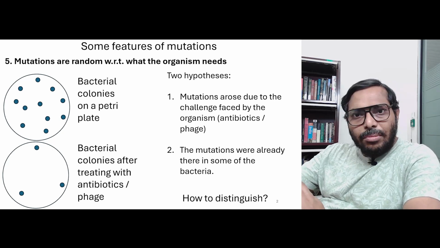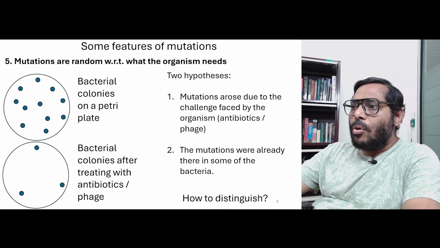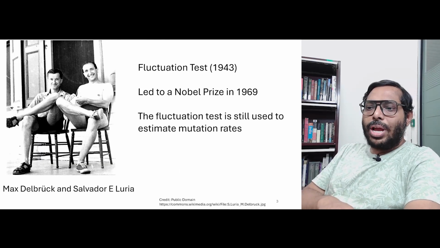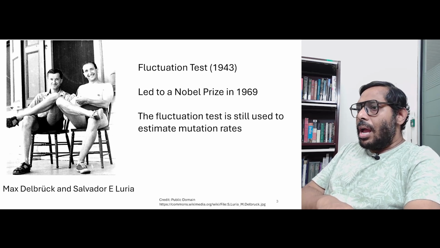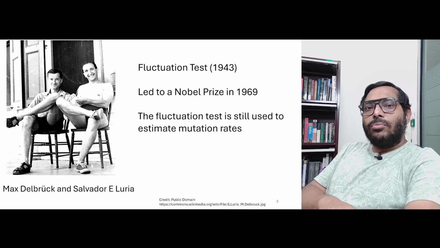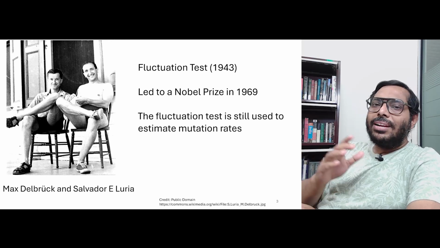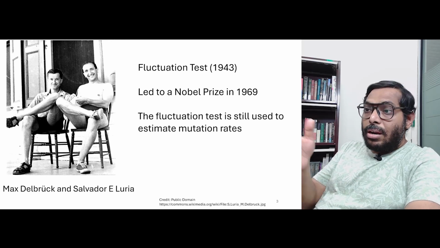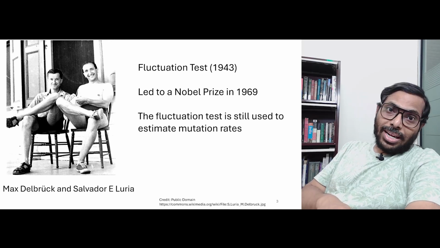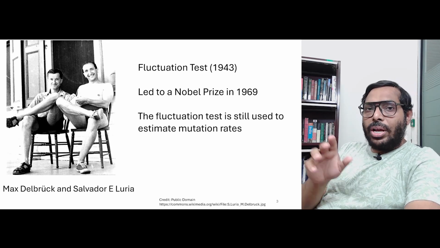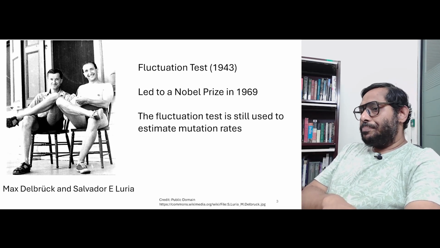The distinction between these 2 hypotheses was made for the first time by these 2 gentlemen, Max Delbruck and Salvador Luria. And what they came up with was this thing called the fluctuation test, a very elegant experiment, which ultimately led to a Nobel Prize in 1969. So, you can see the importance of figuring out the answer to that particular question.